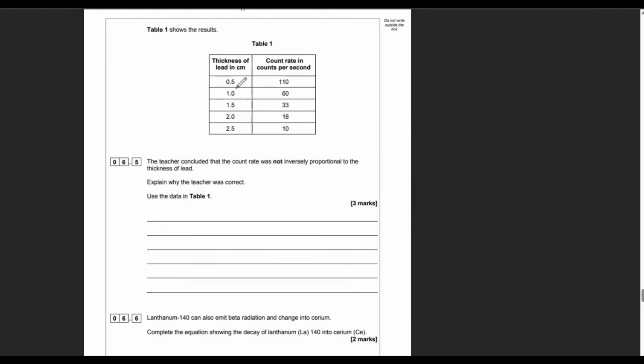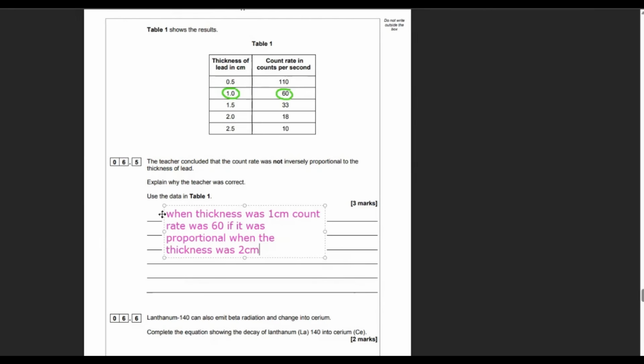So we can say when the thickness was 1 centimeter, count rate was 60. If it was inversely proportional, when the thickness was 2 centimeters, when we've doubled the thickness, what should happen?